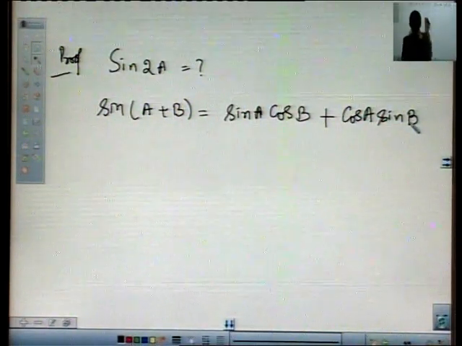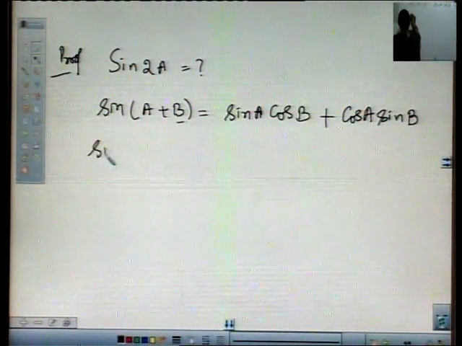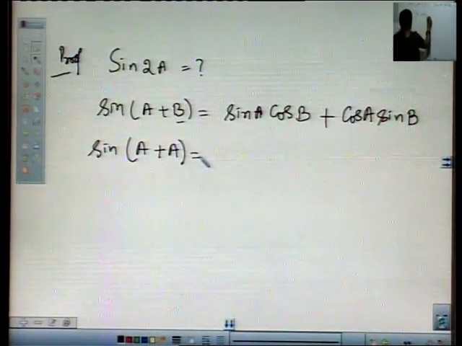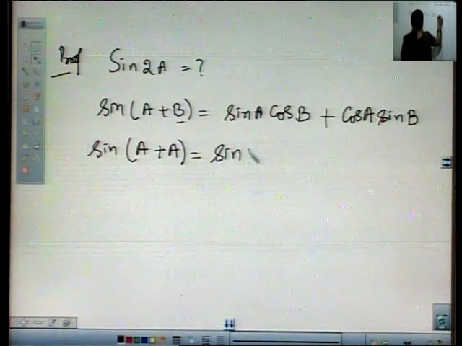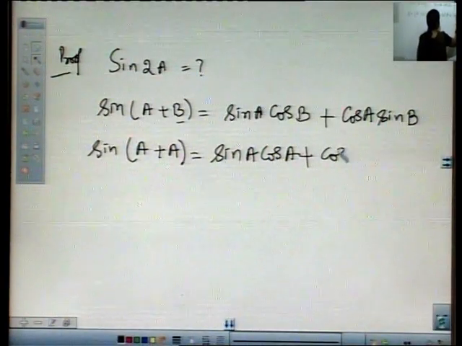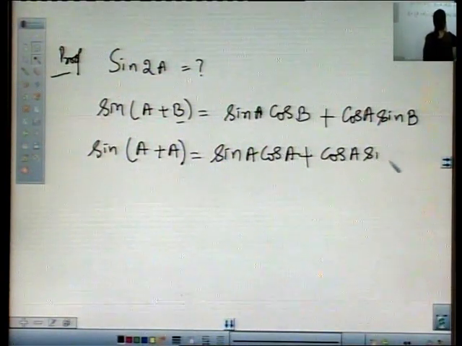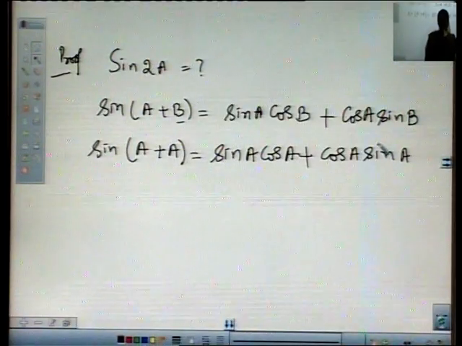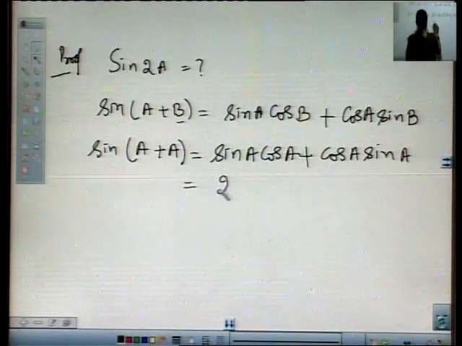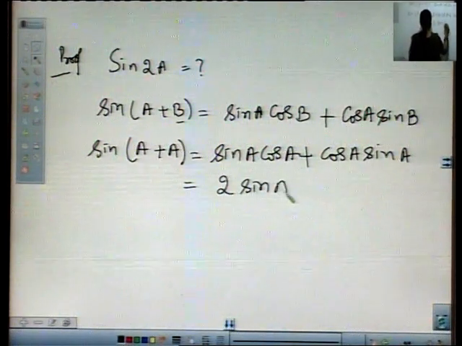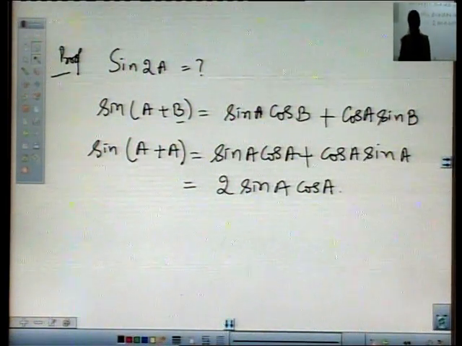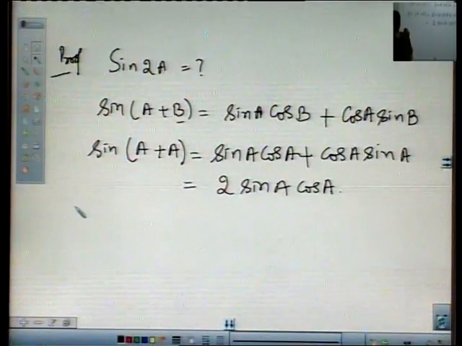If we put a instead of b, then we will get sin a cos a plus cos a sin a, and it will be equal to 2 sin a cos a. Hence, we have proved.